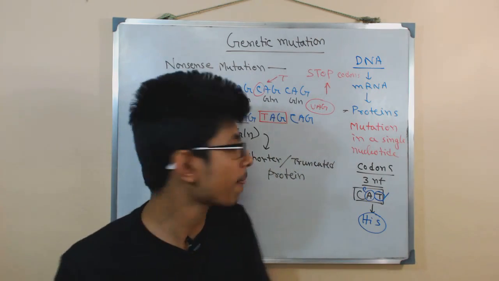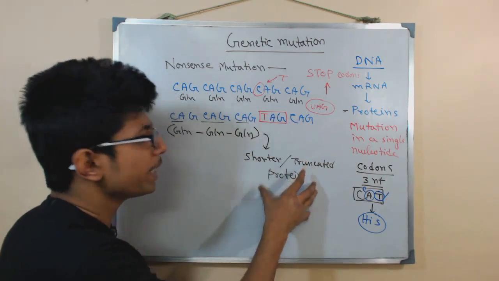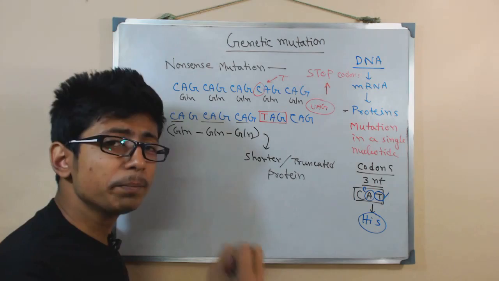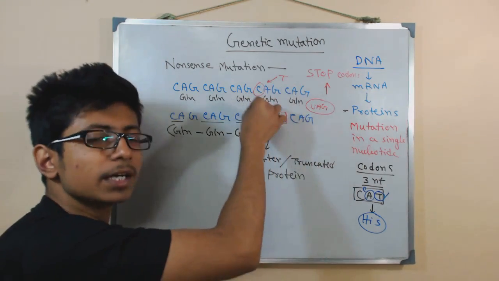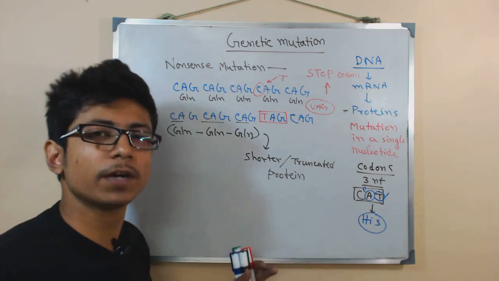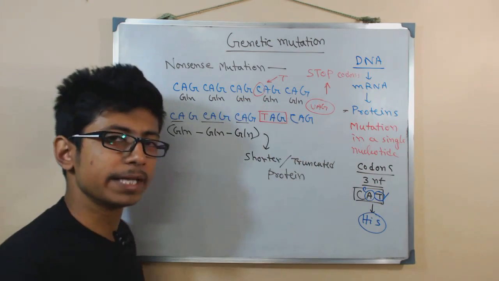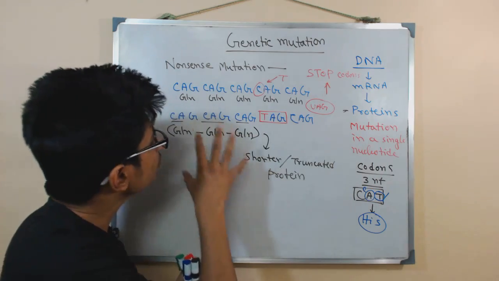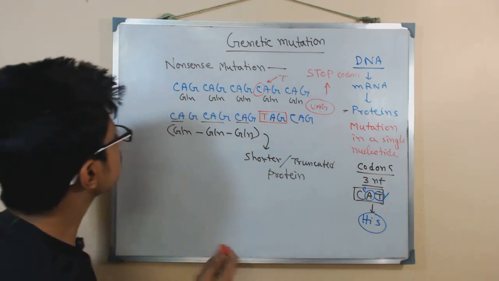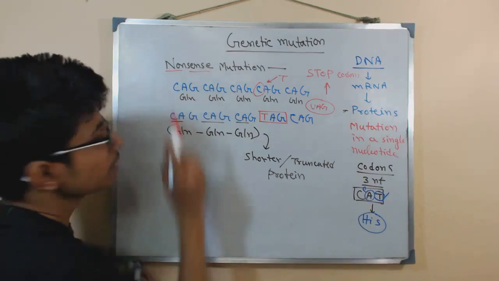that we have seen. So this truncated protein may function improperly, or the truncated protein functions like the earlier protein, but not all the functions that should be carried out by it. So many varieties, many problems can arise from this type of mutation. And remember, it is called nonsense.